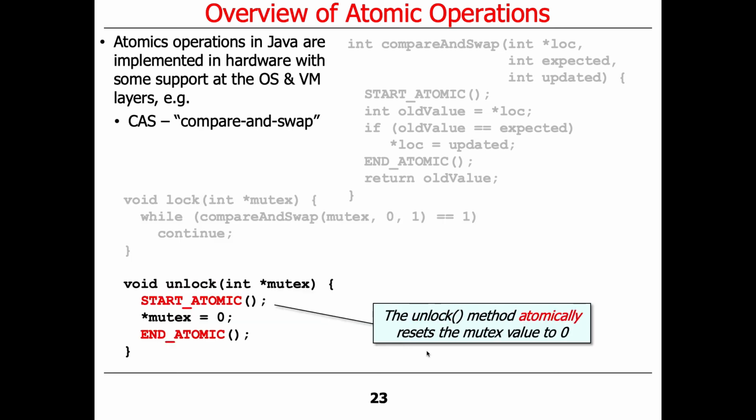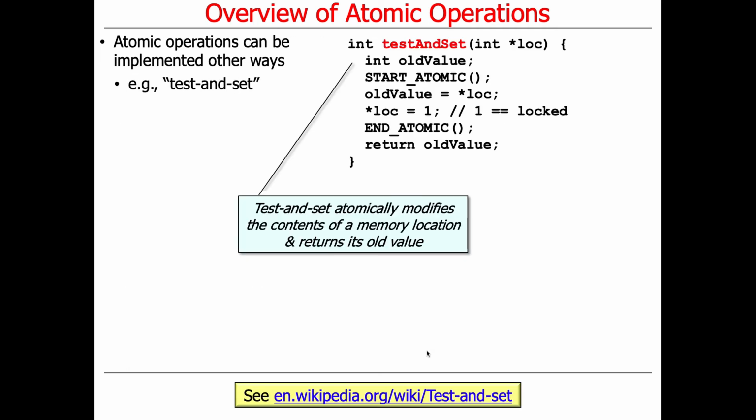Very, very low-level stuff, but that's what everything is based on. There's also another method called test and set, which is similar to compare and swap. The main difference being test and set doesn't give you the ability to set it to some arbitrary value. It just goes back to 1.